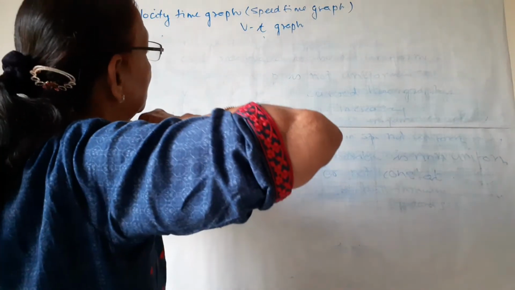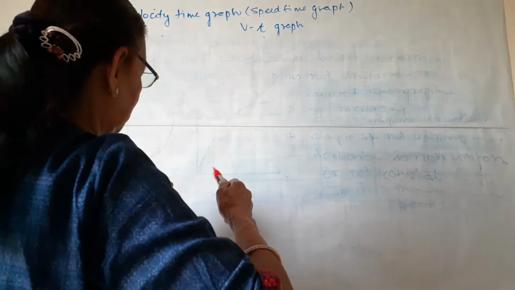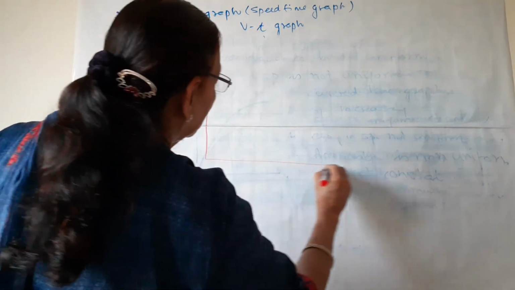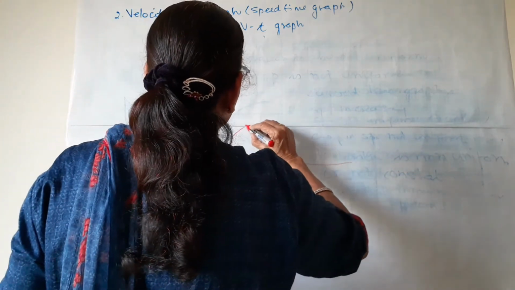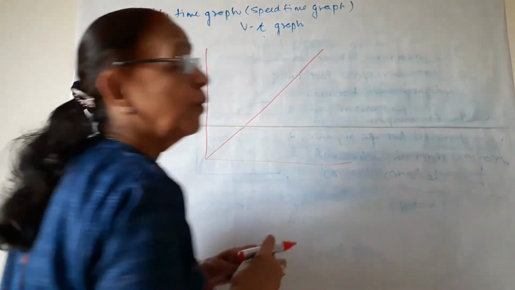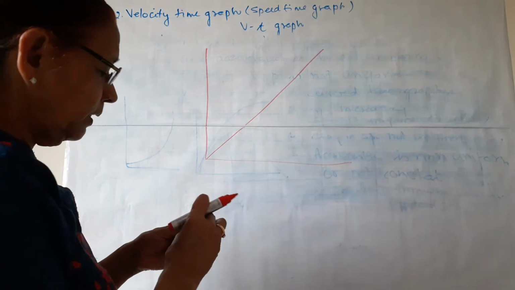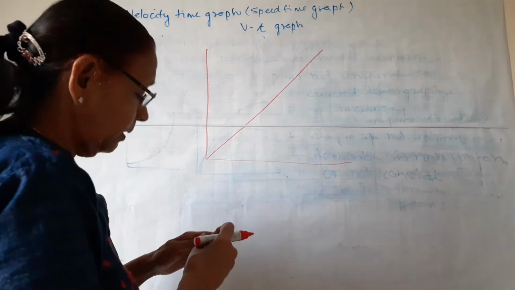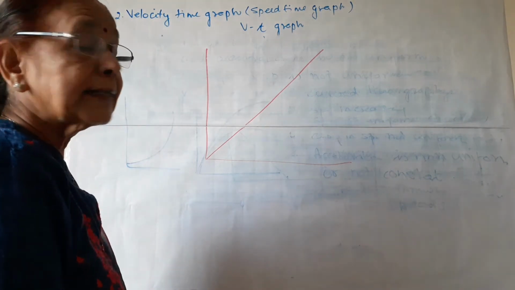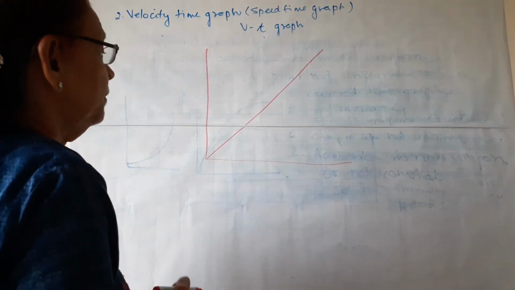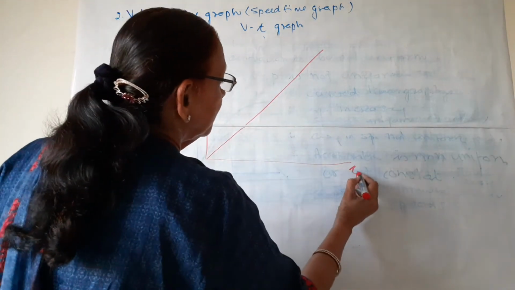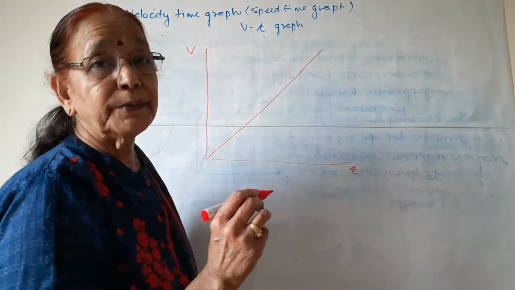Now we have this graph of uniformly accelerated motion, as we have just drawn in the second case, where the acceleration is uniform. So we have this graph, this is V, this is T, and this is the graph line.